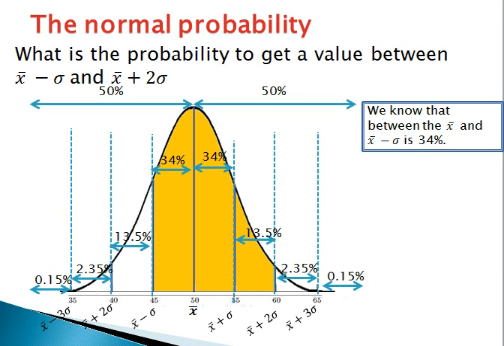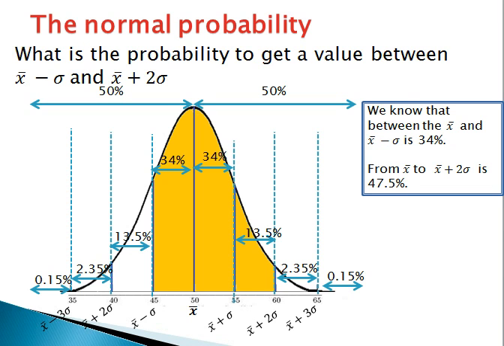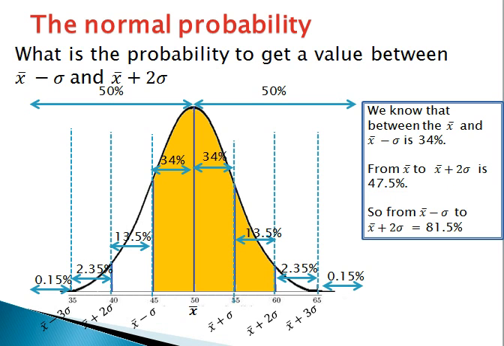From the mean to 1 standard deviation below is 34. Mean to 2 standard deviations above is 47.5. If you don't know why, go back a little bit into the video. So we have a percentage of 81.5 if we add those two.